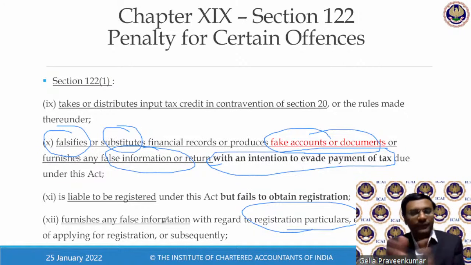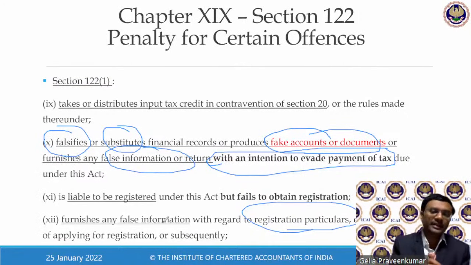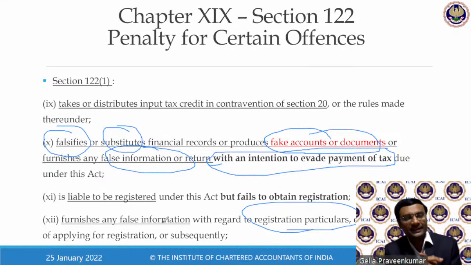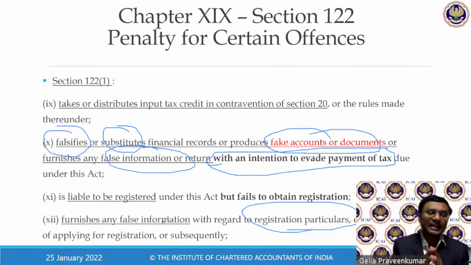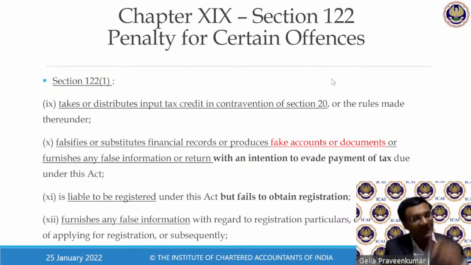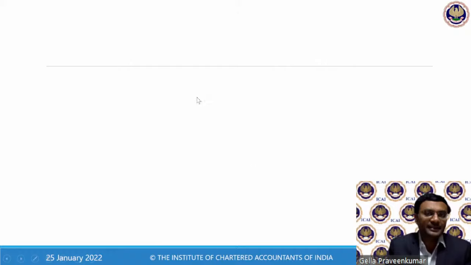In good faith, he had given some documents. Now, it is very important for the person to prove and establish that he has no culpable intent. So any data given erroneously at the time of registration, even that is a punishable offense.